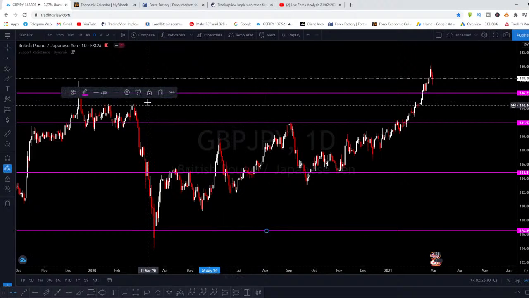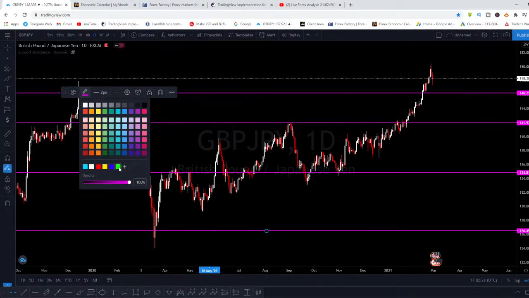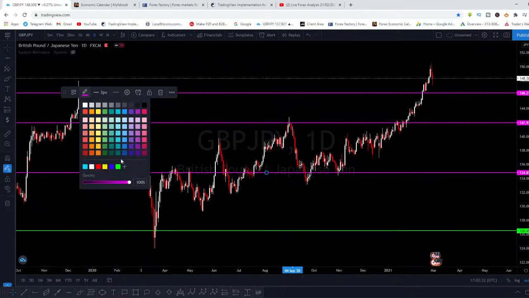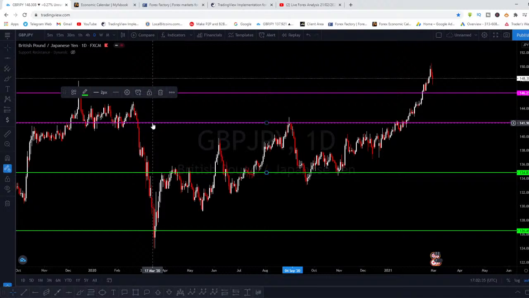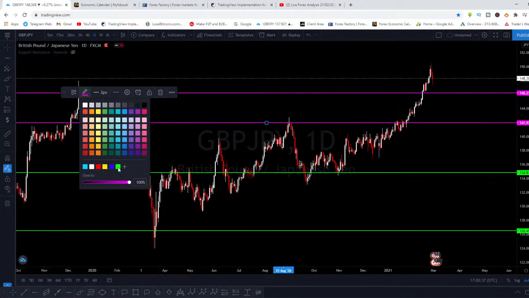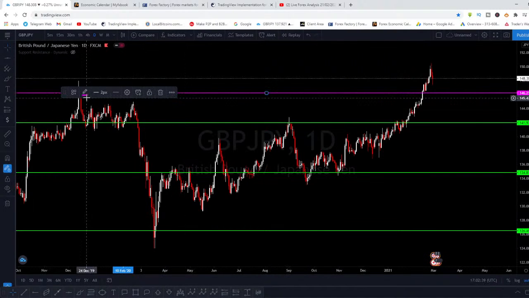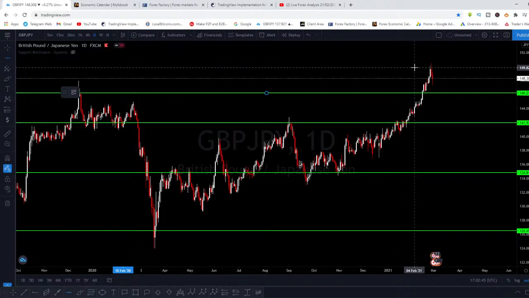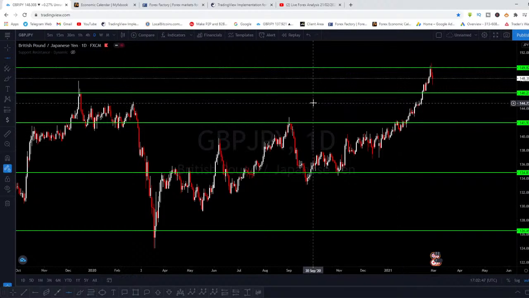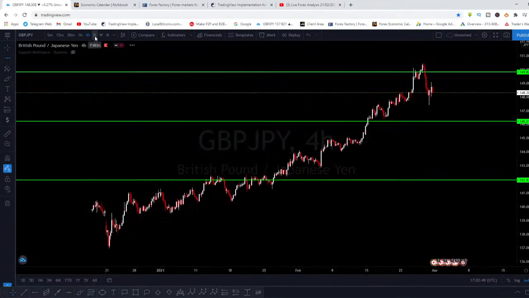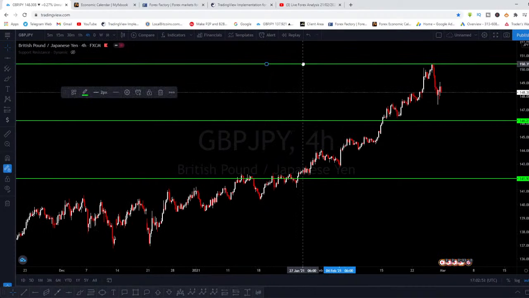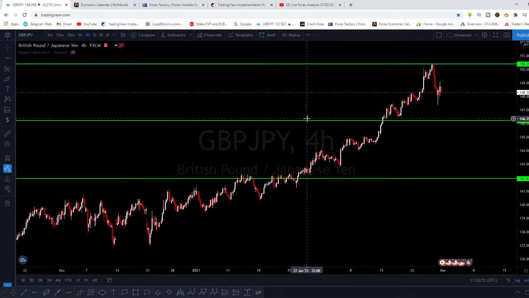I'm supposed to make them green, and green, and green again. Perfect. So that's the daily time frame. So this is daily time frame support and resistance. Let's go back down to the 4-hour time frame. So this is the 4-hour time frame, and we have to amend this like that. Perfect.